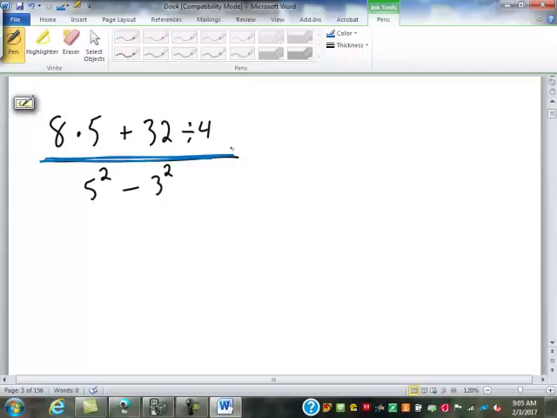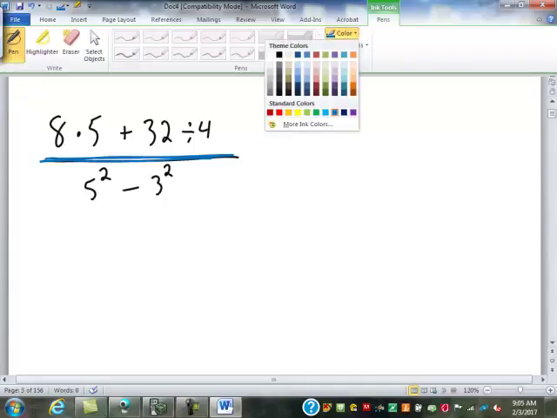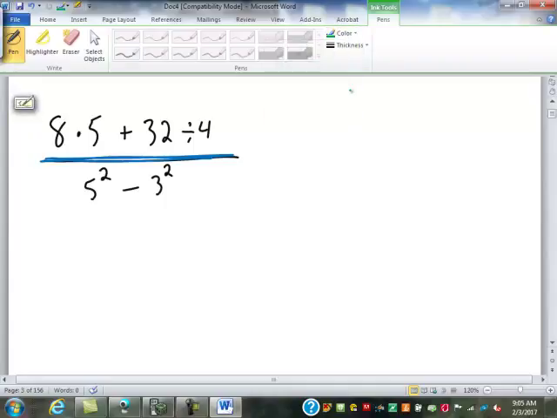What is that symbol? It means division, yes. It's called a fraction bar, and it does mean divide. We are going to divide at some point. It is also an enclosing symbol. It separates the top of the problem from the bottom. So it's telling us we have to do everything on top first, then we have to do everything on bottom. Then we have to divide. So we're going to do the top of this first.